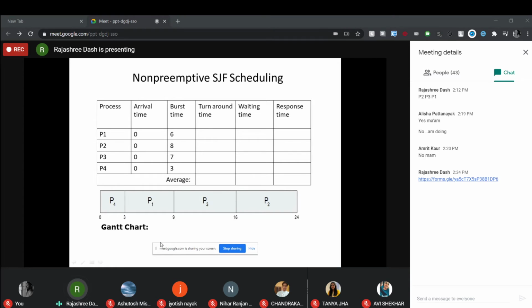The scheduler will select the process having the smallest CPU burst time. How many processes are there in the ready queue? Out of P1, P2, P3, P4, which one will be allocated first to the CPU?